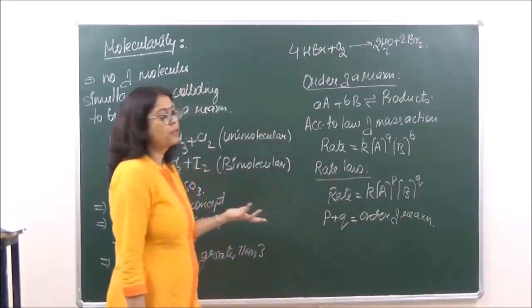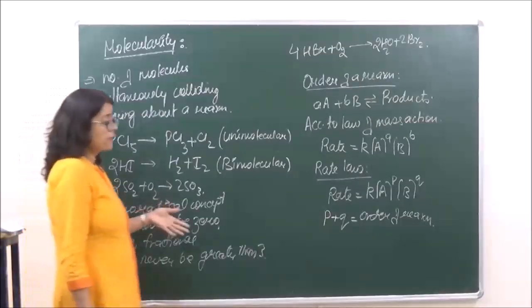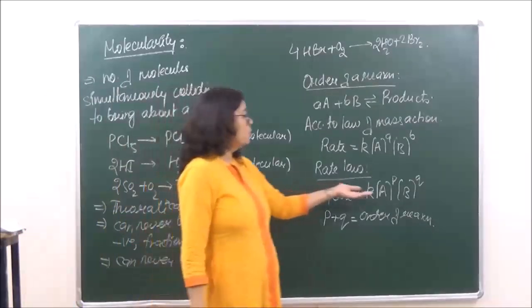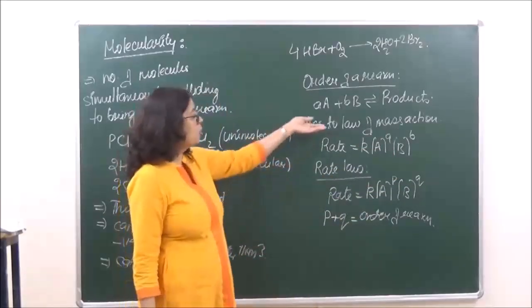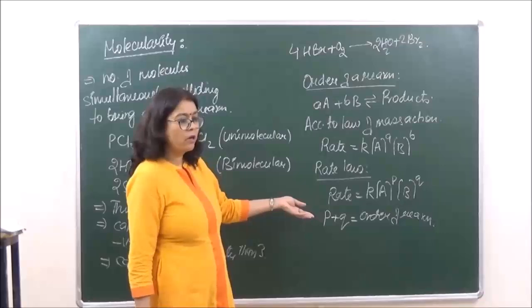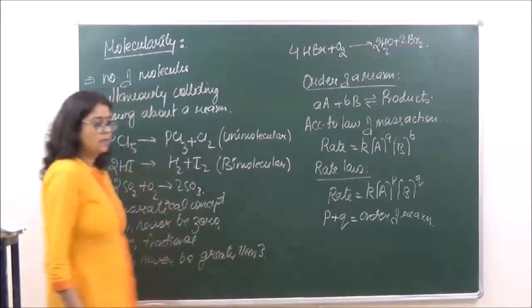If the values of p and q are equal to the stoichiometric coefficients, then the law of mass action becomes equal to the rate law and the order of the reaction may be written as a plus b.